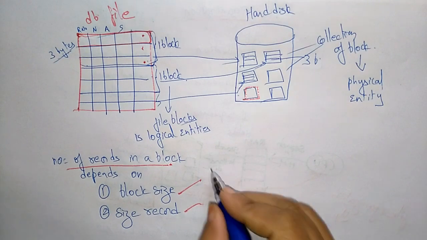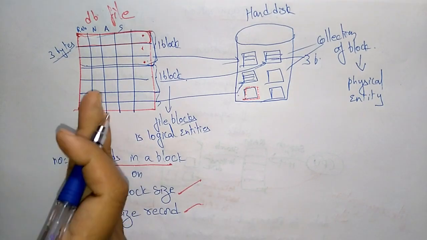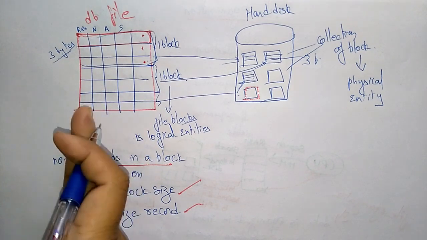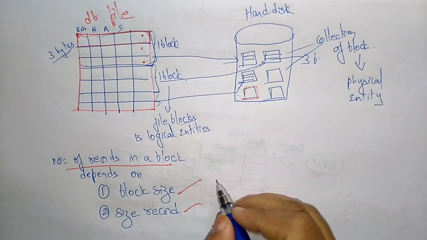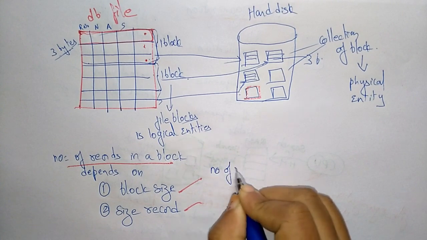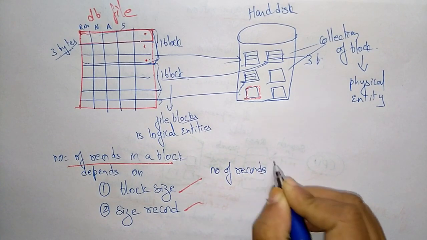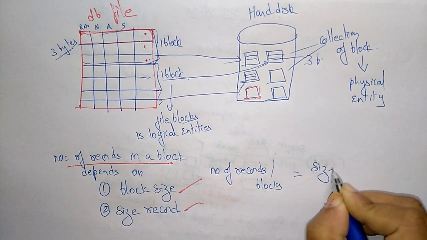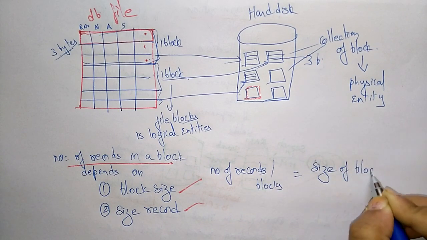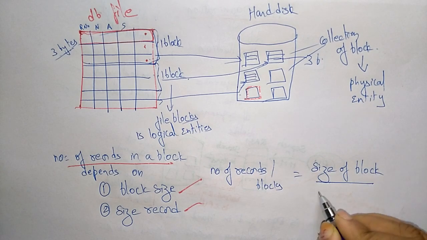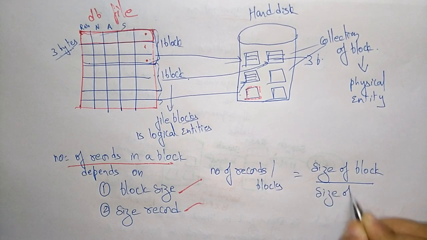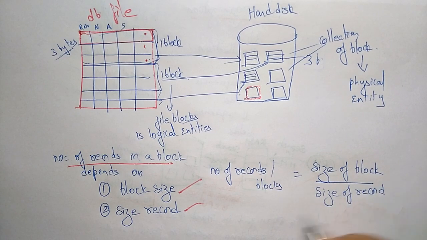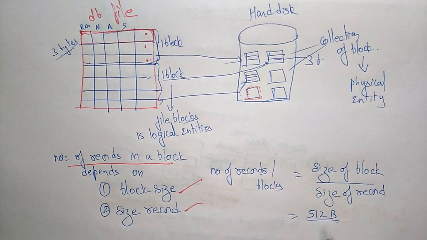The formula to find out how many records can be in each block is: number of records per block equals size of block divided by size of record. Let us take the size of the block as 512 bytes and the size of the record as 4 bytes.